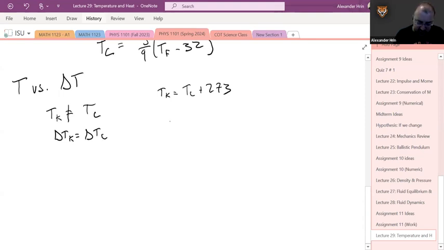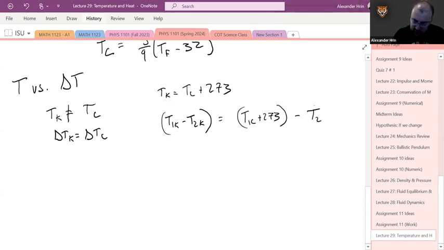And the reason why is if we do T1 in Kelvin minus T2 in Kelvin, this is going to be equal to T1 in Celsius plus 273 minus T2 in Celsius plus 273.